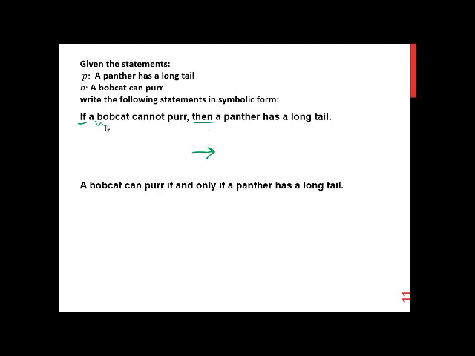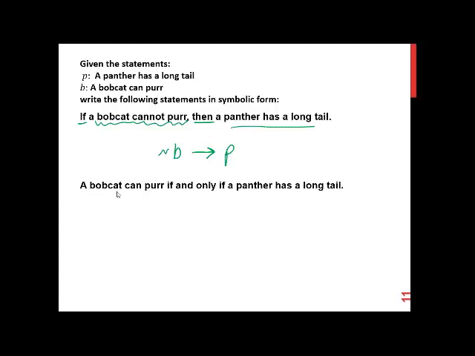The antecedent will be this part: a bobcat cannot purr. Again, we did that with the not B. And the consequent, a panther has a long tail, we get a P. So not B leads to P, or if not B, then P.